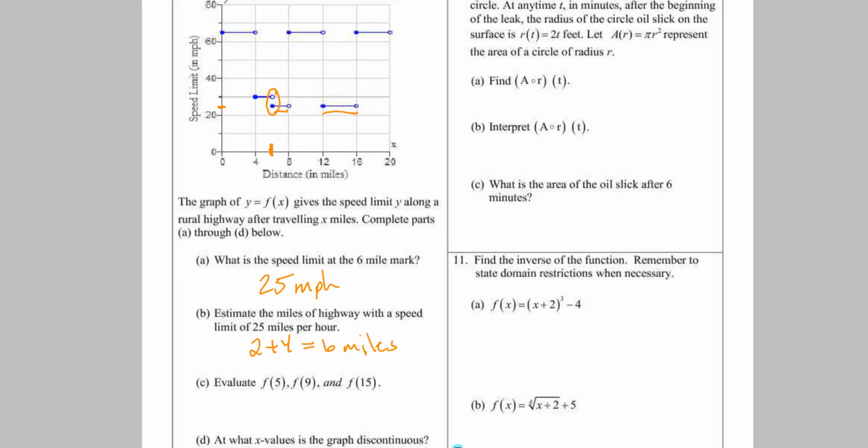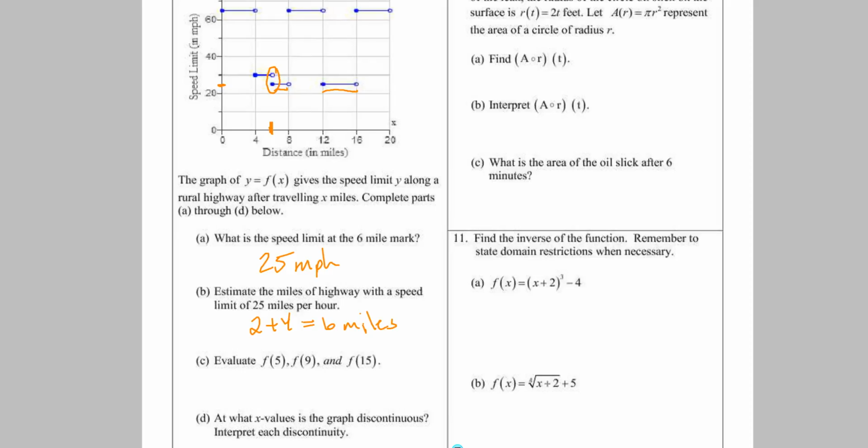Part C wants me to evaluate f of 5, f of 9, and f of 15. So we're just going to look at the graph. F of 5, so I find the distance of 5, we go up to our graph, and it takes me to 30. F of 9, that's going to be about right here.